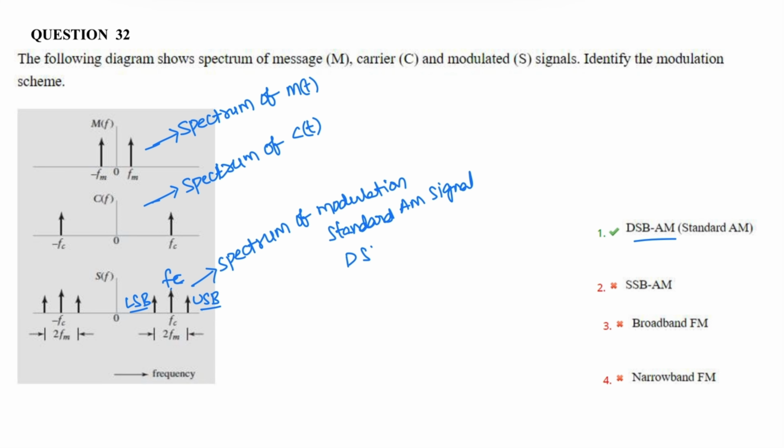It is also called conventional AM. Either it is called standard AM signal, DSB-FC signal, or conventional amplitude modulation. The first option is the correct one.